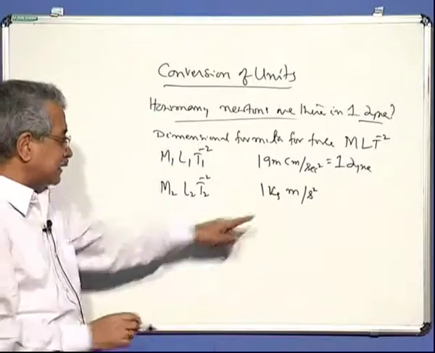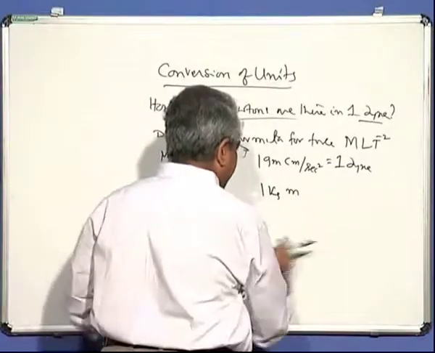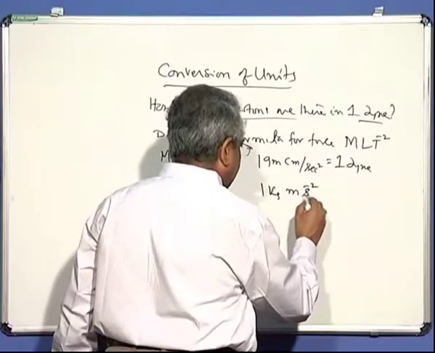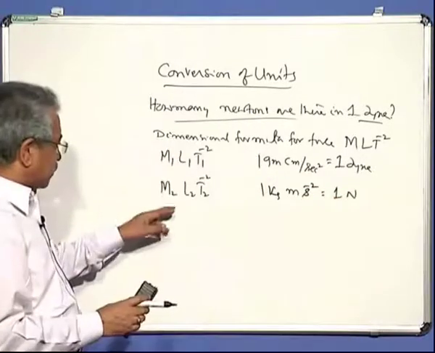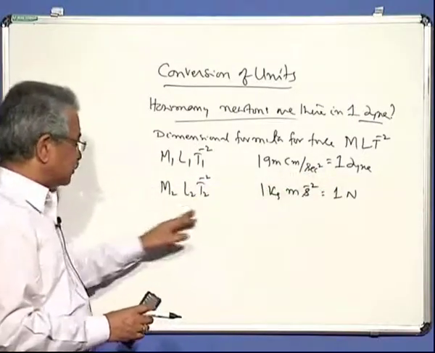This comes out as 1 Newton. So if you represent this MLT in CGS units, you will get dyne. In SI units, you will get Newton.